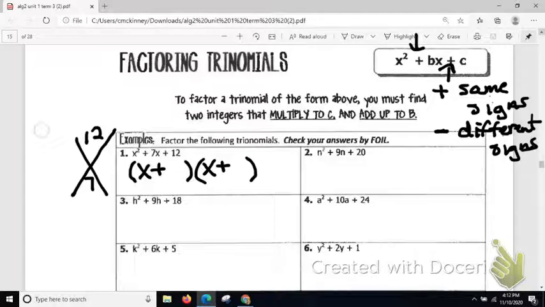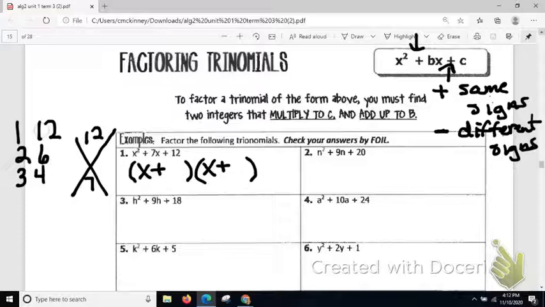So now what multiplies to 12 and adds up to 7? My choices that multiply to 12: 1 times 12, 2 times 6, 3 times 4. And this is where you could use that second page in your packet, the reference page that had factor pairs.